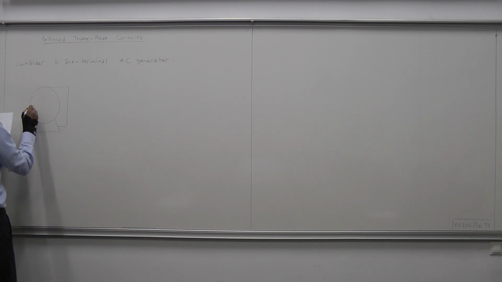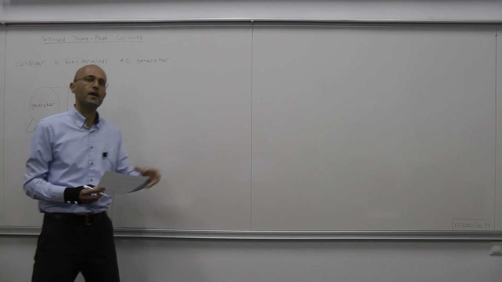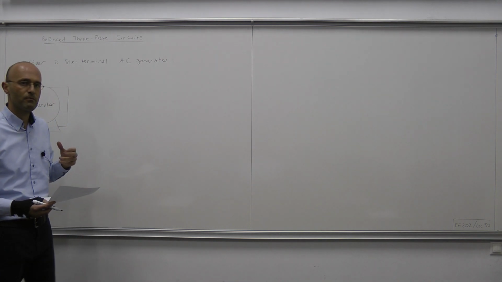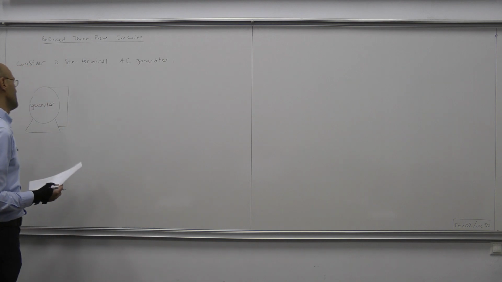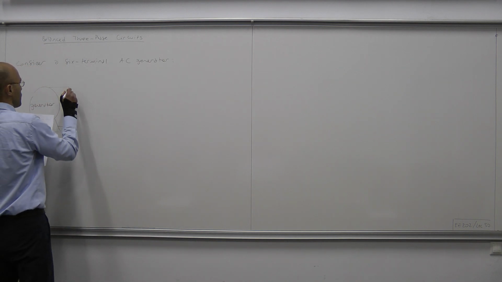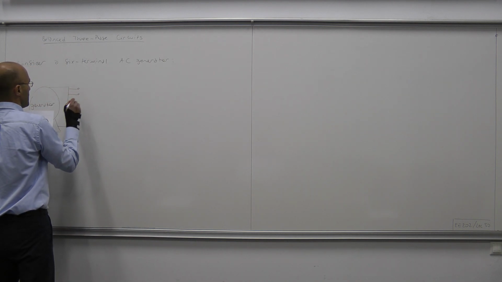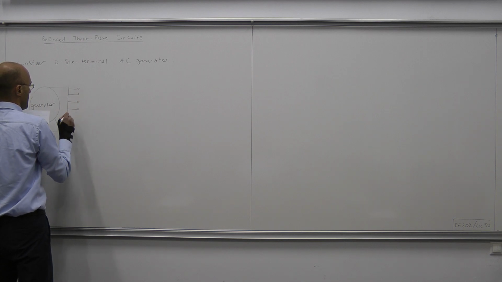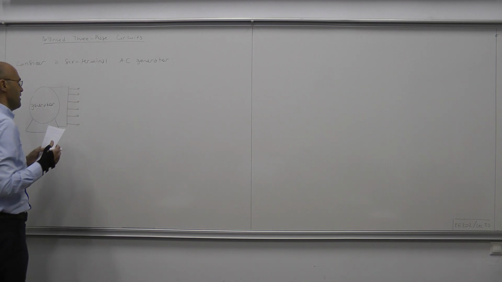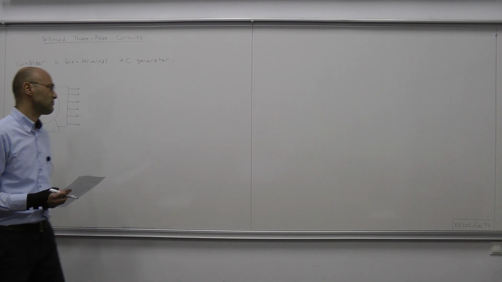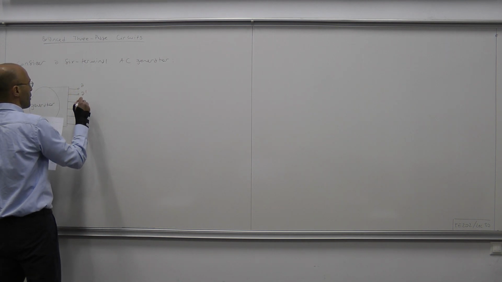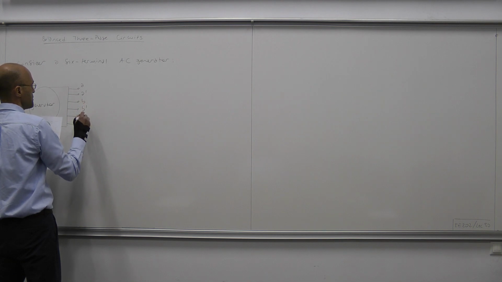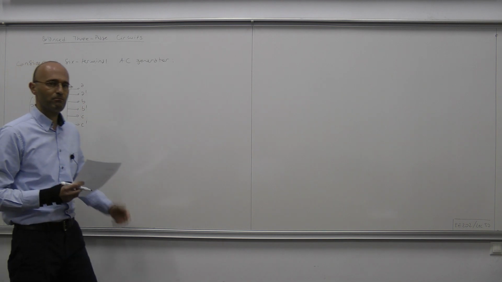So this is our generator, a device that transforms, let's say, mechanical energy to electrical energy. And from this machine, there are 6 wires coming out, and they are labeled as A, B, C, A prime, B prime, C prime.